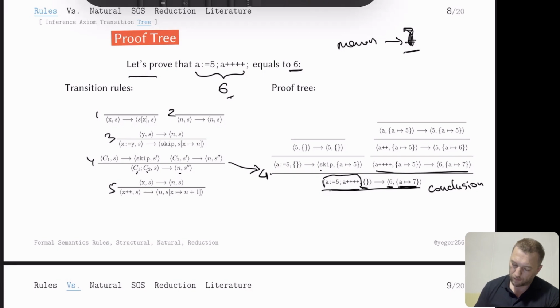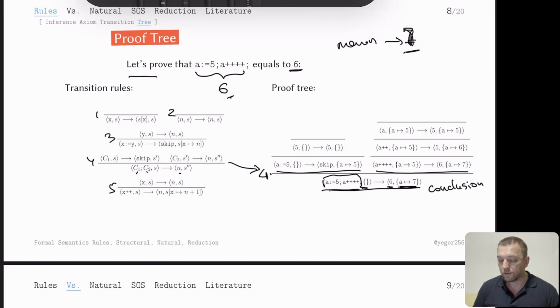Instead of skip, we should say, because A equals 5 is not going to return skip, it's going to return 5. Oh, there's a mistake. Sorry, it's an assignment. Sorry, my mistake. So that's right, skip. We just save 5 to memory, and nothing is returned to the user. So I just claim that this is my other conclusion.